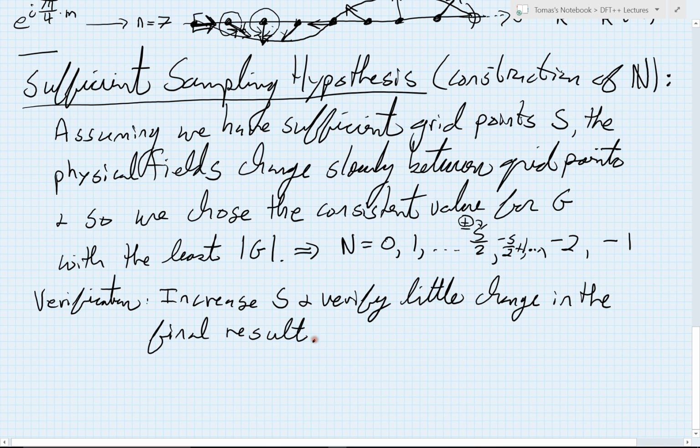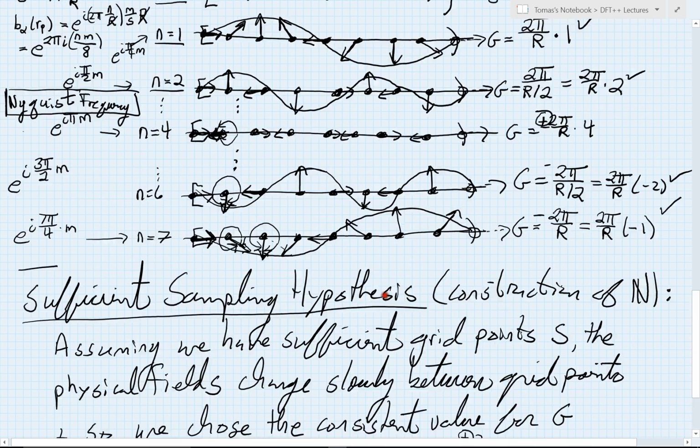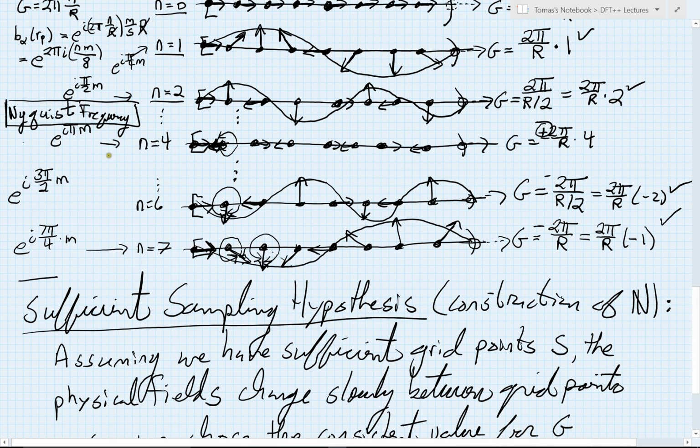Now, to wrap up, I just want to discuss a claim I made a moment ago. I had claimed that, indeed, it shouldn't matter much what choice we make here for the sign of the wave vector at the Nyquist frequency. And my argument for this is as follows.